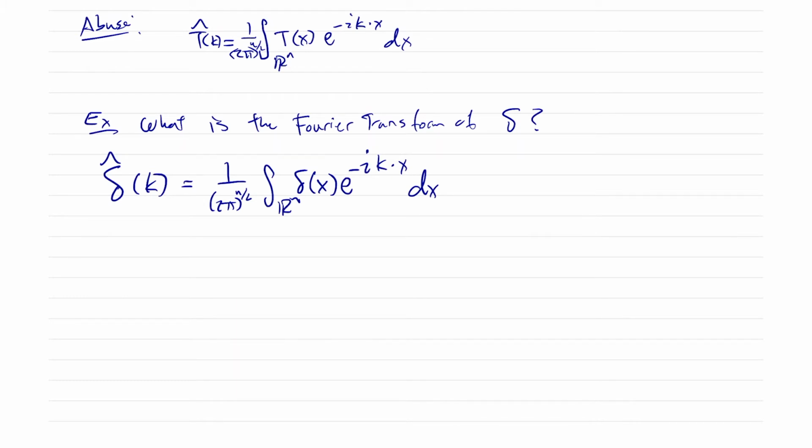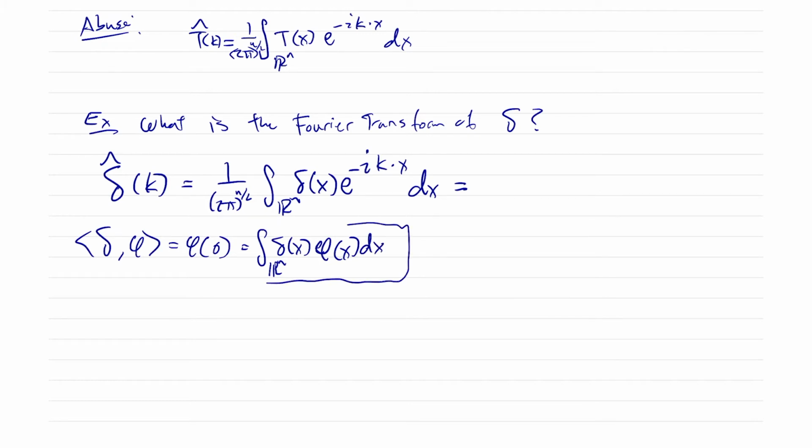But if we just use our intuition that whenever we take the delta against some phi, we get phi of 0, which we can also express as the integral over Rn of delta of x times phi of x dx, and this is also an abusive notation, so we're compounding our abuses here, then what we end up getting is 1 over 2 pi to the n over 2 times e to the minus i k dot 0, which is equal to 1 over 2 pi to the n over 2, right?